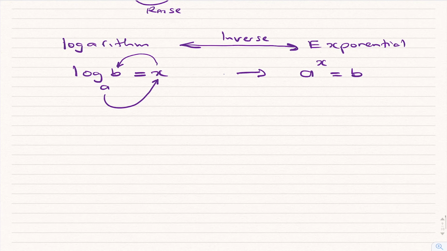And we can try some more examples. If y, let me just rewrite this.